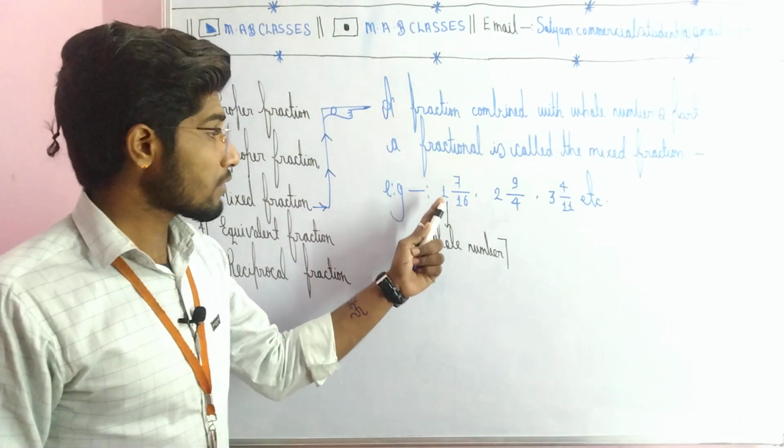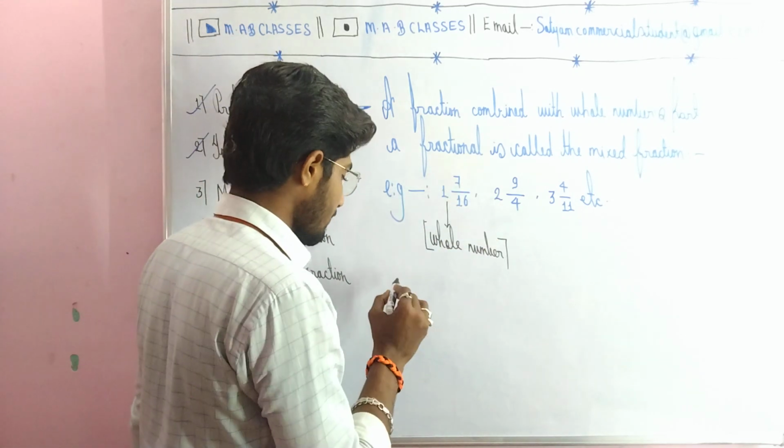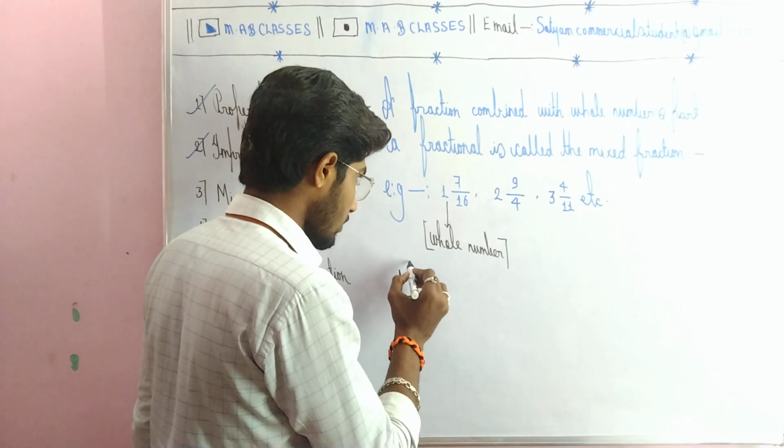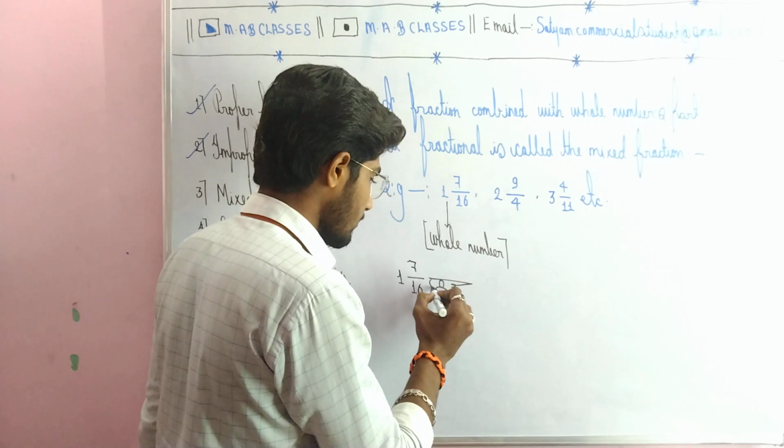For example, how do we read 1 whole 7 over 16? Most students make mistakes reading this. How to read this?